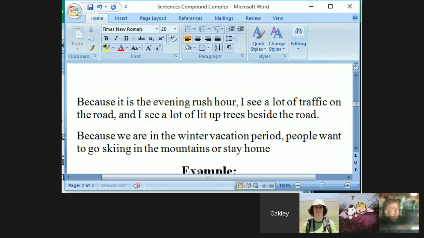By the way, the pronunciation of mountain is very reduced. It's not mountain. It's just a quick schwa sound. Now, what's missing here? This sentence is correct, but it is not a compound complex sentence. Why not?